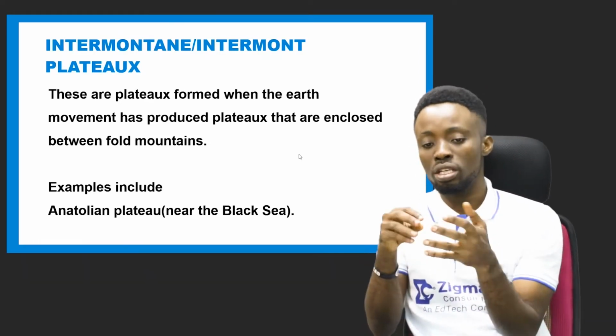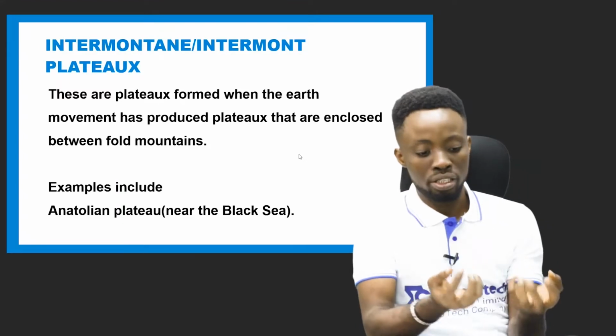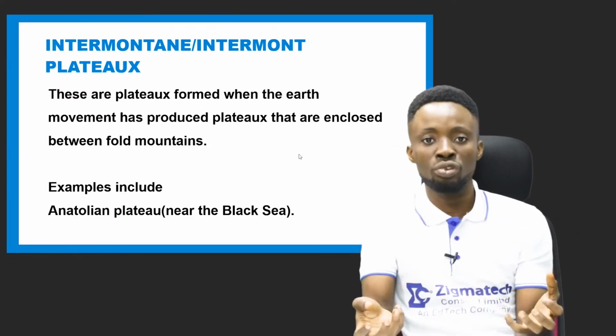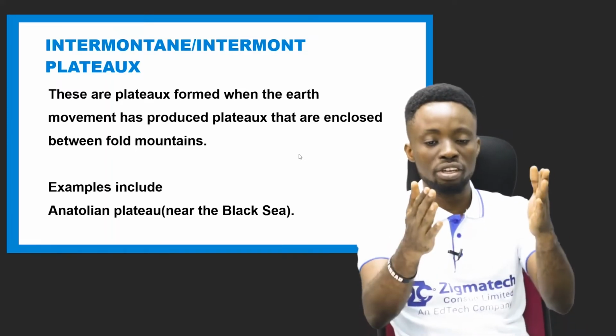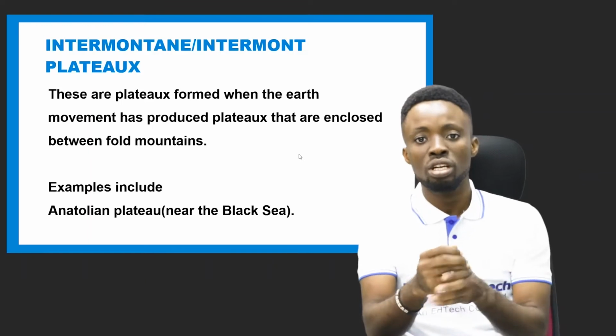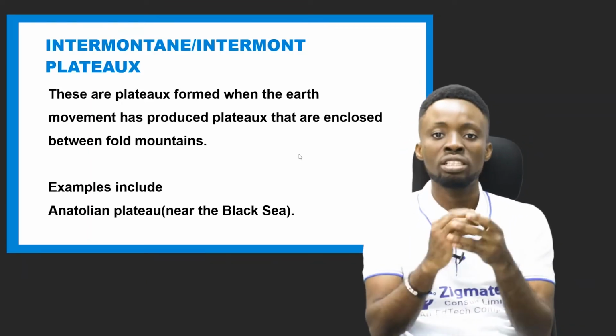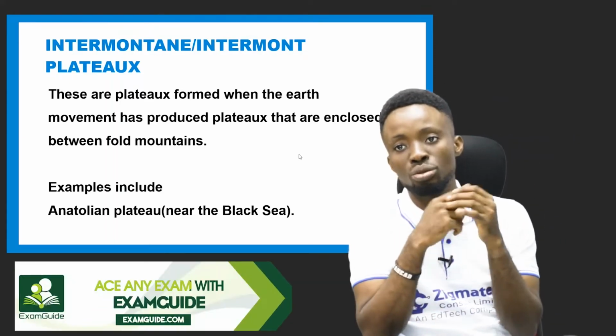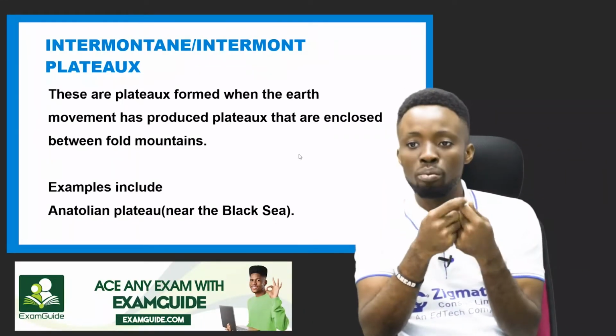So when the movement of the Earth's crust is such that it produces an elevated upland in between fold mountains, such elevated upland is referred to as an intermontane plateau or an intermont plateau.